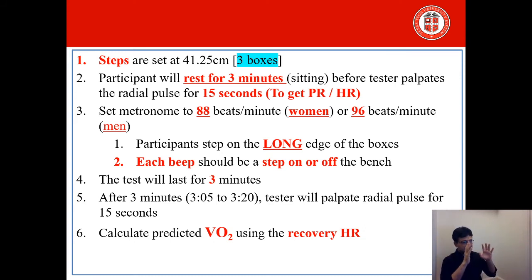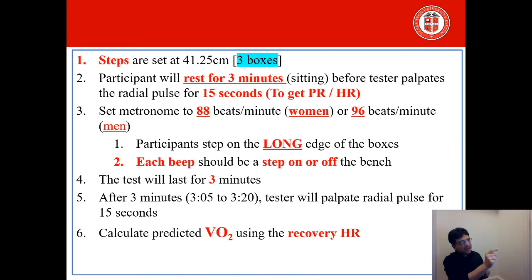So you will set up the metronome at 88 or 96 beats depending upon the gender of your subject, and then the participant is going to climb on the longer edge of the box. The box is a rectangle like this, so you will set it in a way that the person is going to climb on the longer edge of the box.